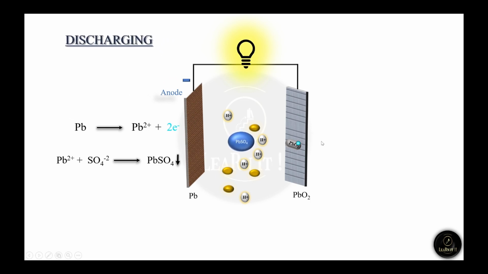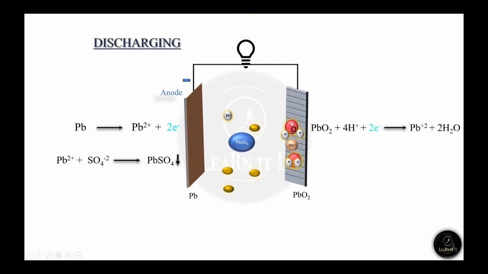At lead oxide plate, the lead oxide consumes those two electrons along with the H+ ions present in the electrolyte. So there will be formation of lead ions and water molecules. So at lead oxide plate, there is a consumption of electrons or gain of electrons.